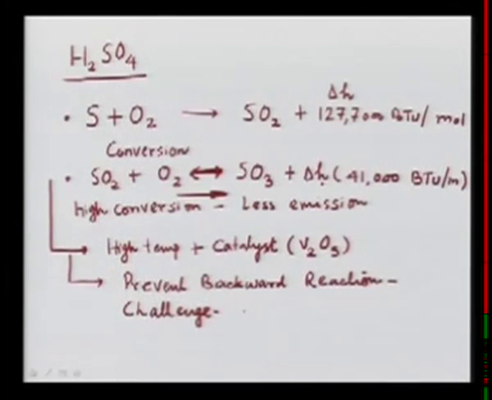Because on the right hand side, if heat is not removed, you have lots of heat. Which heat am I referring to? I am referring to this heat. If this heat is not removed, there is a possibility that the reaction can go backwards. And if I'm not removing the SO3, then also there is a possibility that the reaction can go backward. And once it goes backward, the portion of the SO2 which is not converted into SO3 has no other way but to escape out as a pollutant.